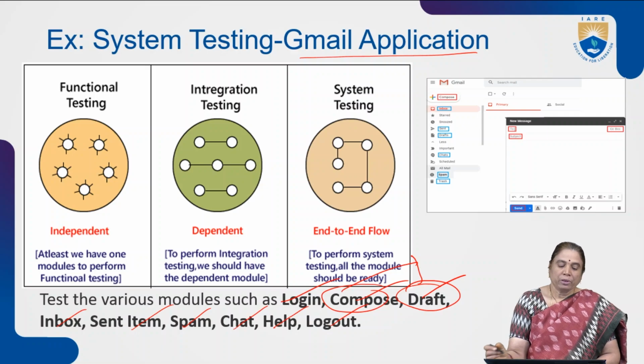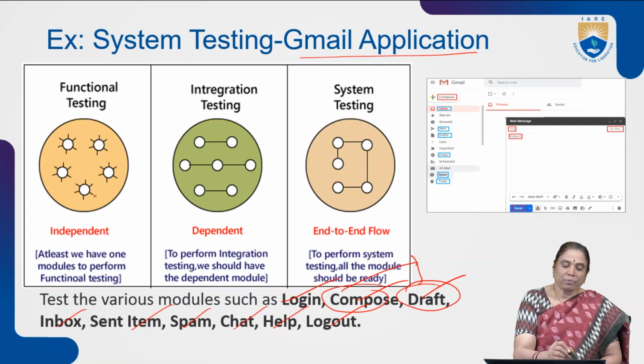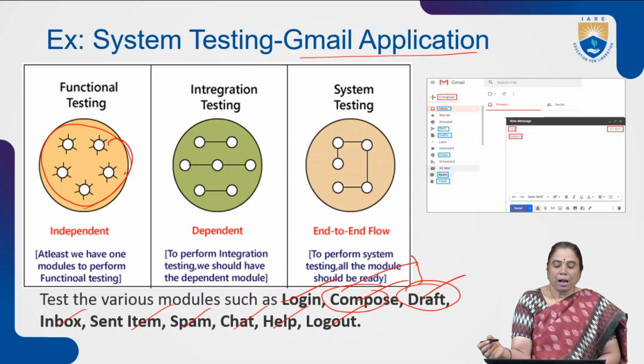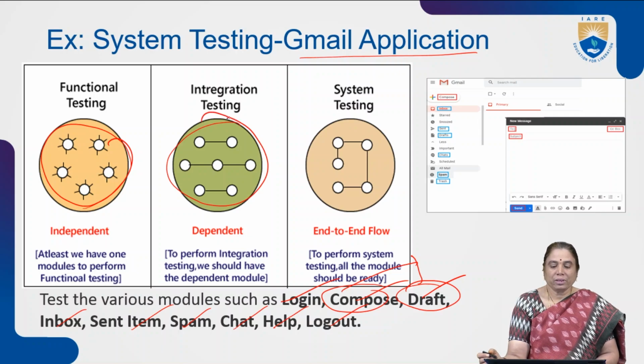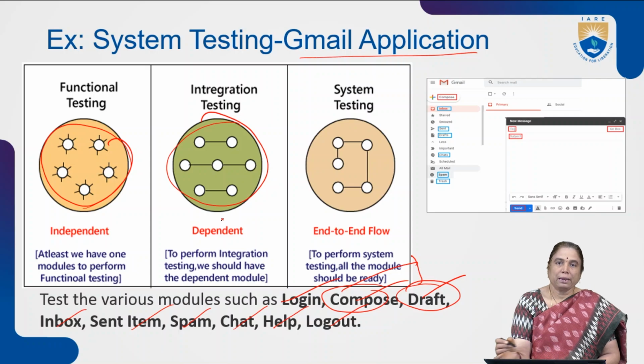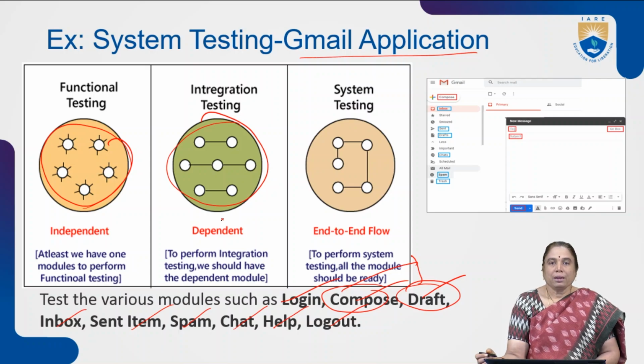So here the independent functional testing on each module is carried out and they are integrated to perform the integration testing. The modules are integrated so that they are dependent on one another to perform the intended functionality.